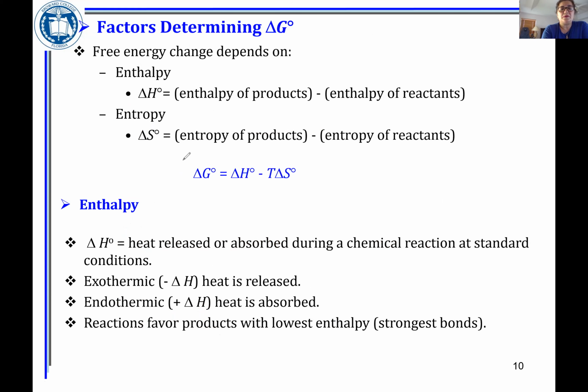The relationship between delta G, which is the free energy, delta H, the enthalpy, which is purely how much it depends on the bond energy between reactant and product, how much energy is going to be involved in a reaction, and delta S, which is entropy. For a chemical reaction, you studied this in 1046.